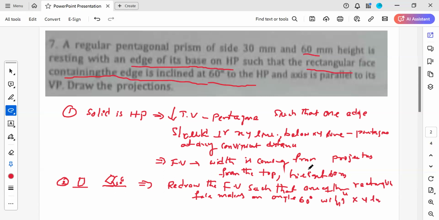Once you redraw this, we will find the final top view when it is inclined at 60 degrees to the xy line. So like this we are completing the problem. Let us go to the solution.